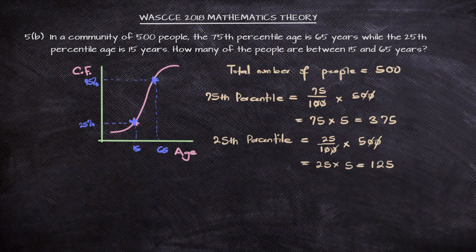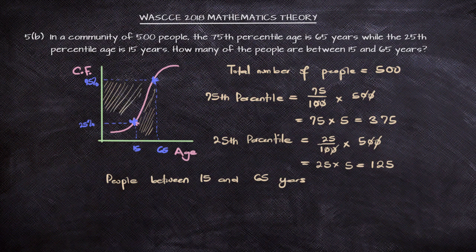So now we have the upper age bracket, we have the lower age bracket. The number of people between 15 and 65 years of age will now give us this range within the cumulative frequency curve. I'm just showing the curve for explanation purposes, and that will correspond to 375 people minus 125 people, and that will be 250 people.